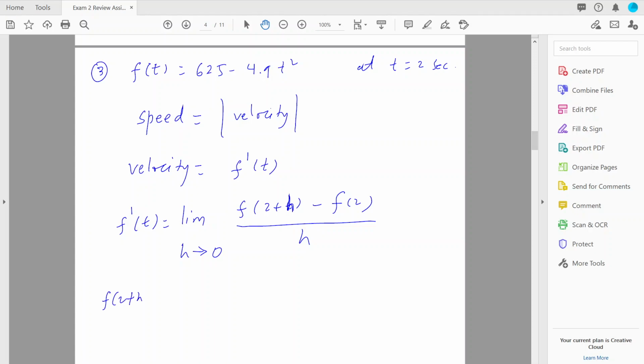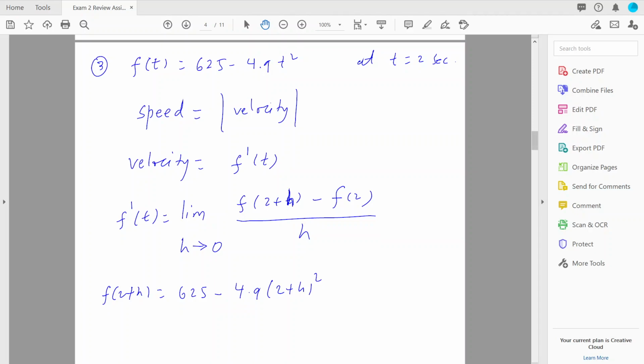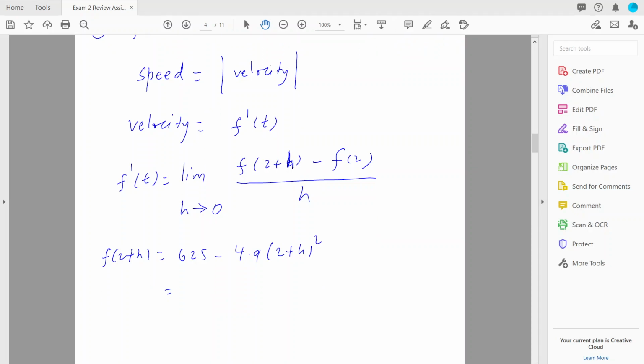f of 2 plus h is equal to 625 minus 4.9 times 2 plus h squared. So we can simplify this. 625 minus 4.9 times the expression 4 plus 4h plus h squared. 4.9 times 4 is 19.6, and then minus 19.6h minus 4.9 h squared.